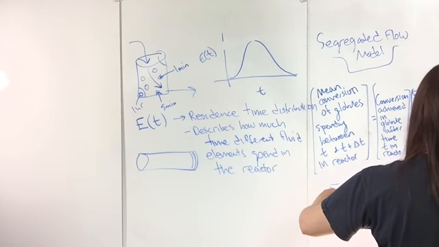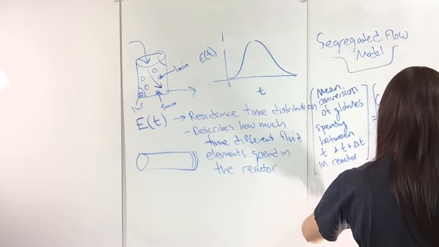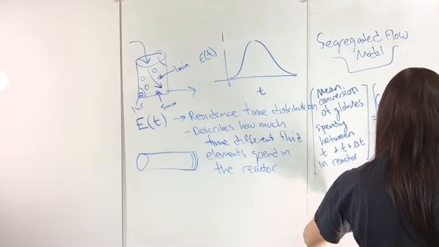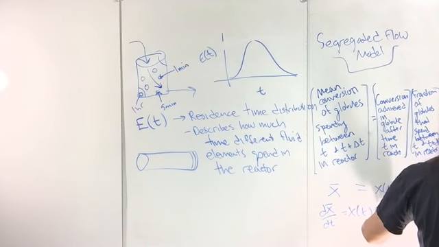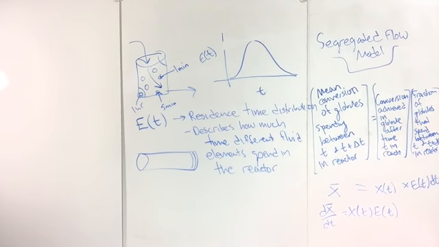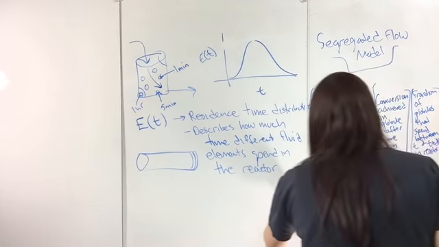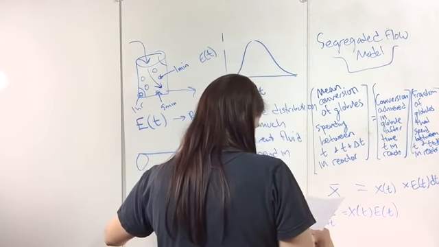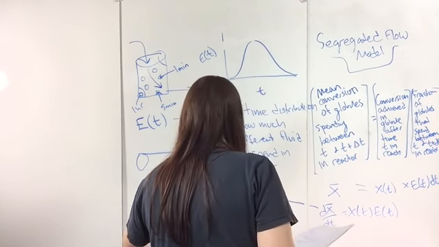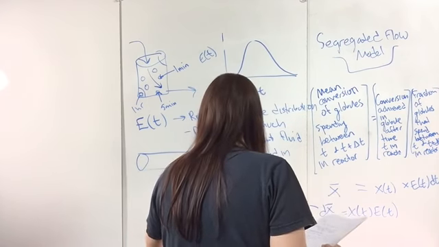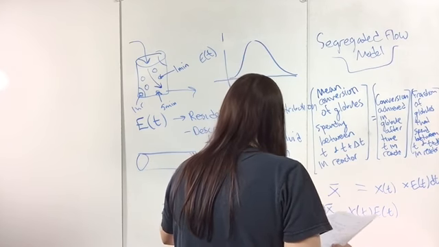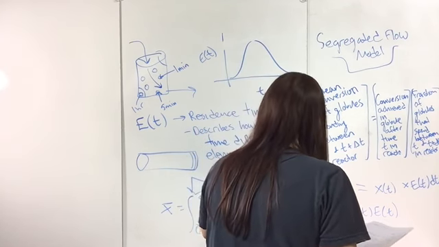So we have dx equals x of t times E of t dt. What we want to do is sum over all of the globules, so coming back over here, x mean is equal to the integral from 0 to infinity of x of t multiplied by E of t dt.